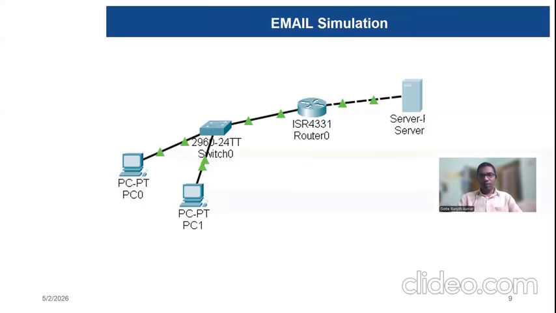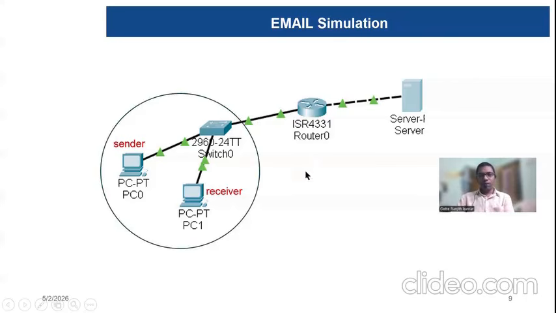So here, for the simulation, I have taken one simple network with only two devices, sender and receiver. Let us assume that one is the sender and another one is the receiver. And these two end systems will be connected to the switch.